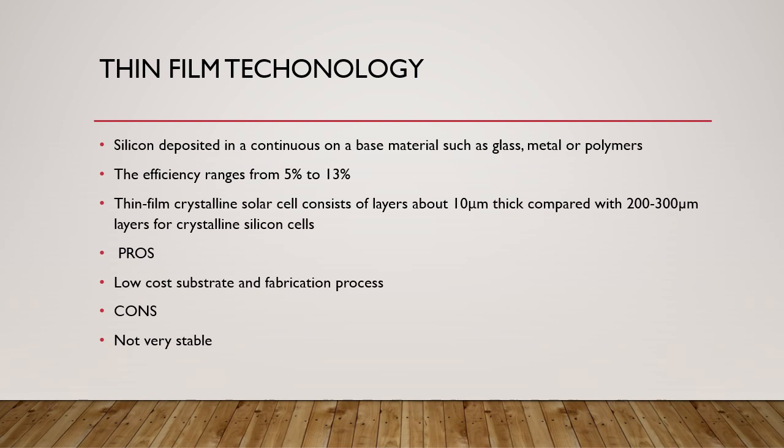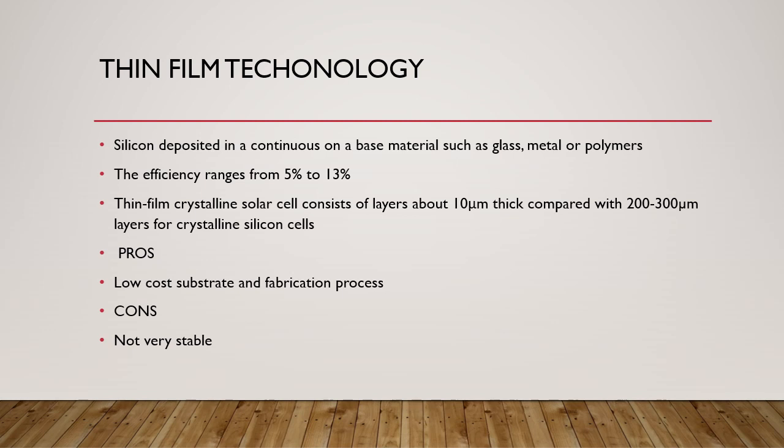In thin film technology, the silicon is deposited in a continuous layer on a base material such as glass, metal or polymer. The efficiency ranges from 5% to 13%.